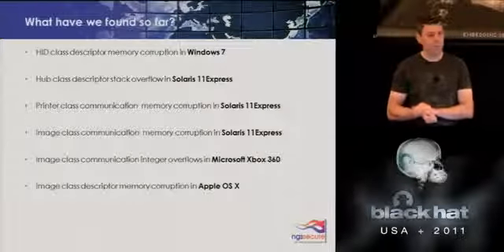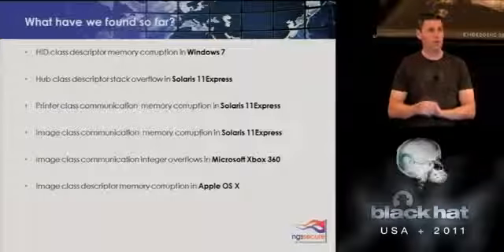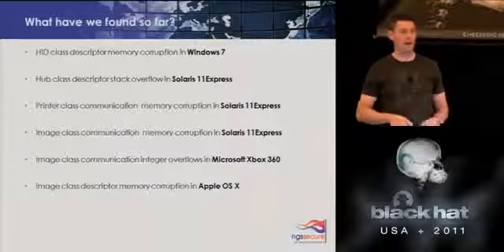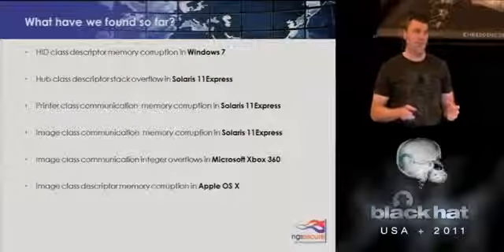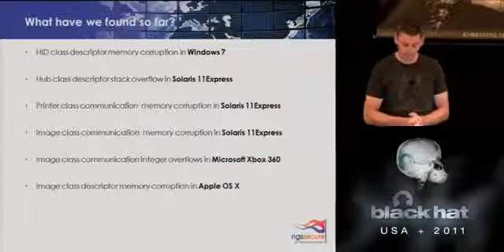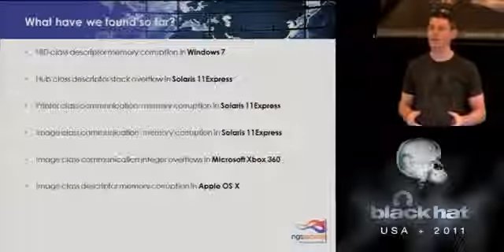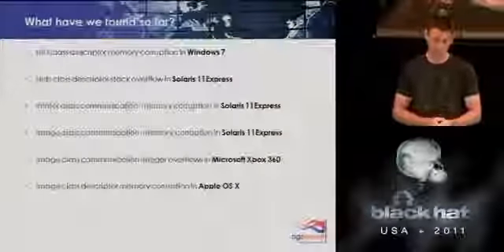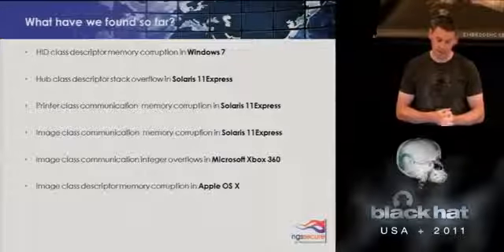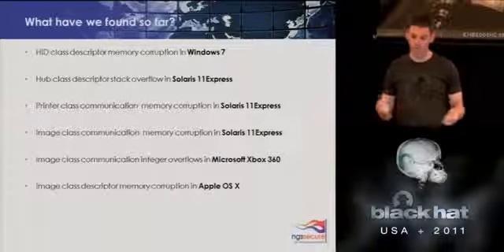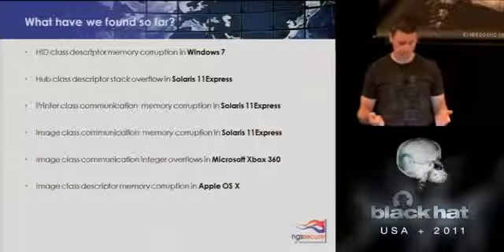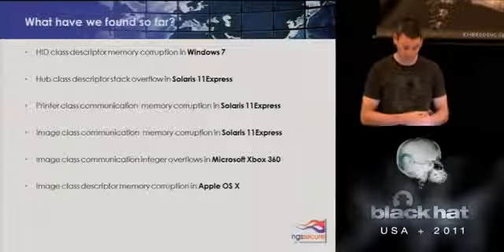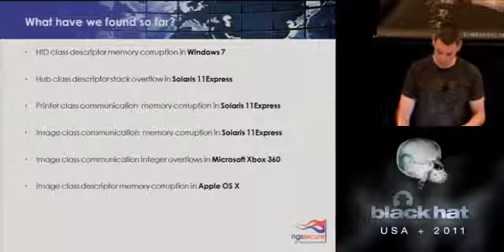It's quite difficult to, in all cases, identify how exploitable some of these bugs are, because it's quite difficult to get to the bottom of exactly the root cause of what's going on within the driver. Much harder to debug in kernel land than it is in user land. But as you can see, we found vulnerabilities in Windows 7, Solaris 11 Express, Xbox 360, and Apple OS X.